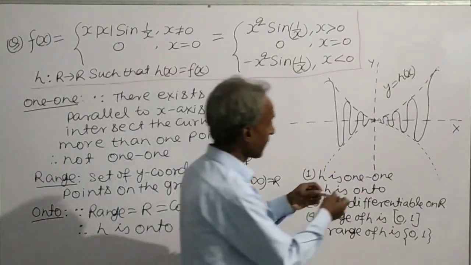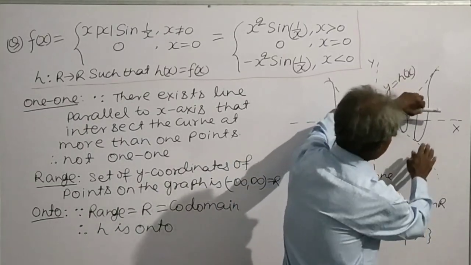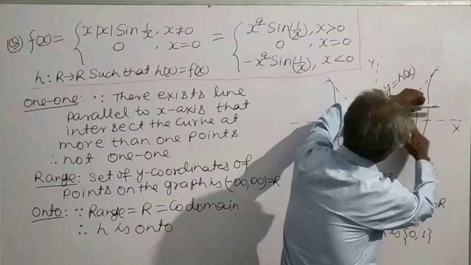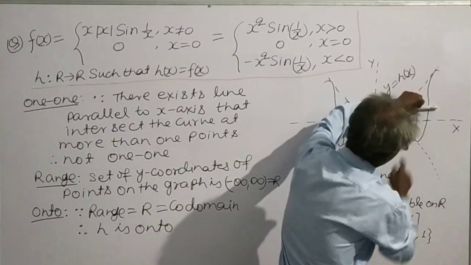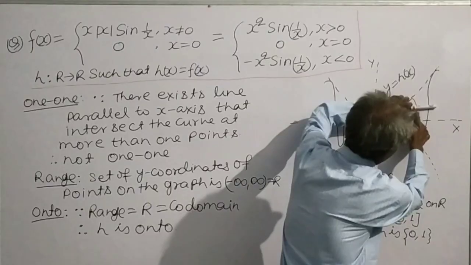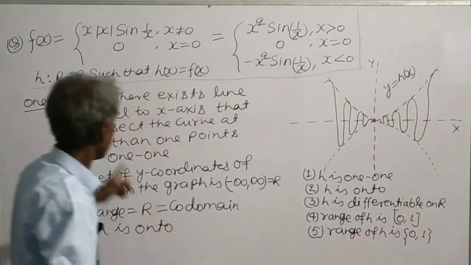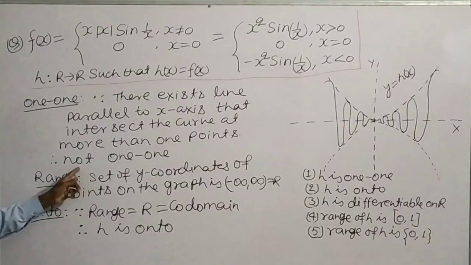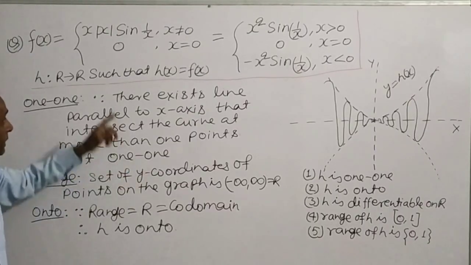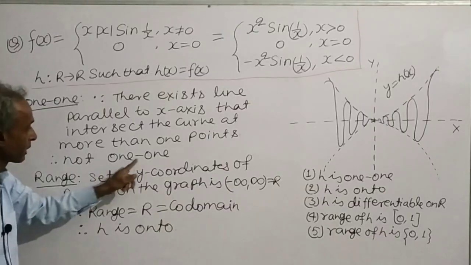Since there exists a line parallel to the x-axis that intersects the graph at more than one point, therefore this function h is not 1-1.